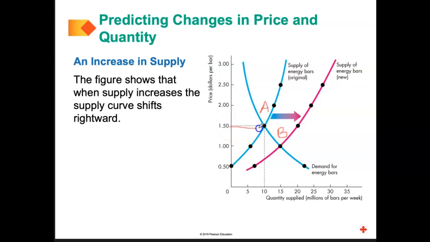You have $1.50, and the new equilibrium is at $1. So when there's an increase in supply, prices decrease and quantity increases. Equilibrium price falls, but equilibrium quantity increases. So that is an increase in supply.